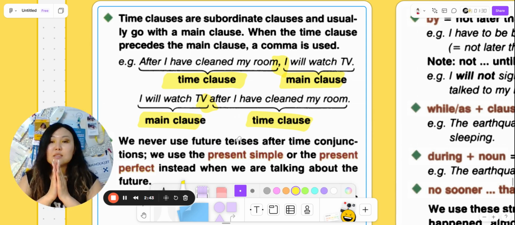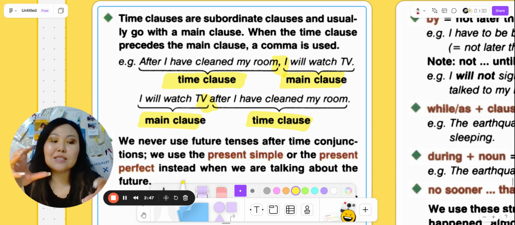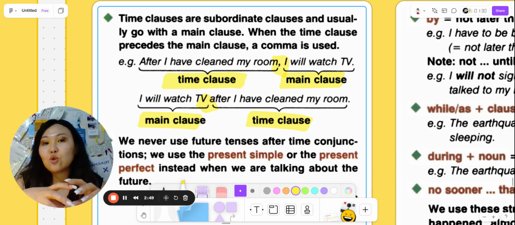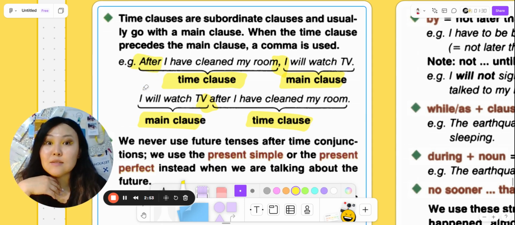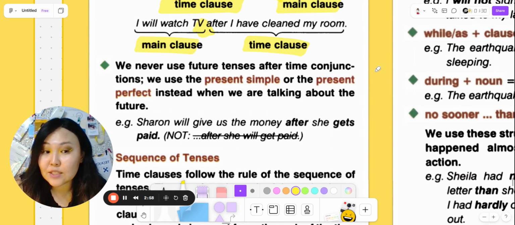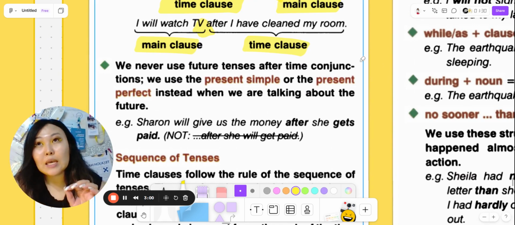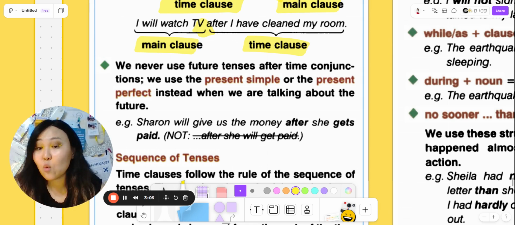And what is a time clause? This is the clause which is introduced with a time conjunction. We never use future tenses after time conjunctions. It is something we have talked about before, but we need to remember it really well.